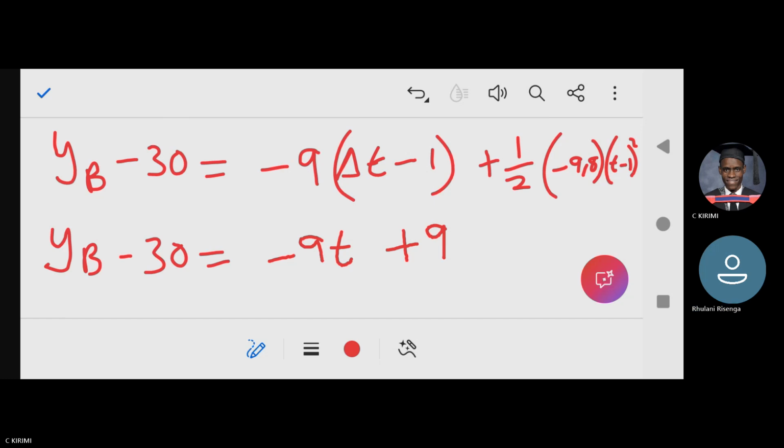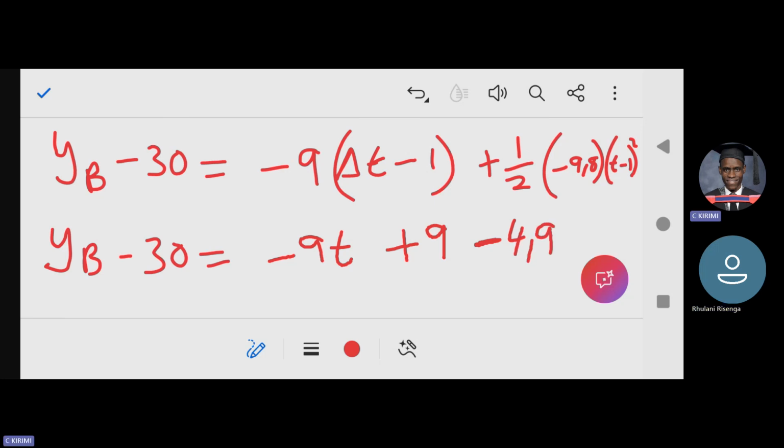Because of the signs there, we have a half times a negative, so lastly we get negative 4.9 delta t squared. Negative 4.9.